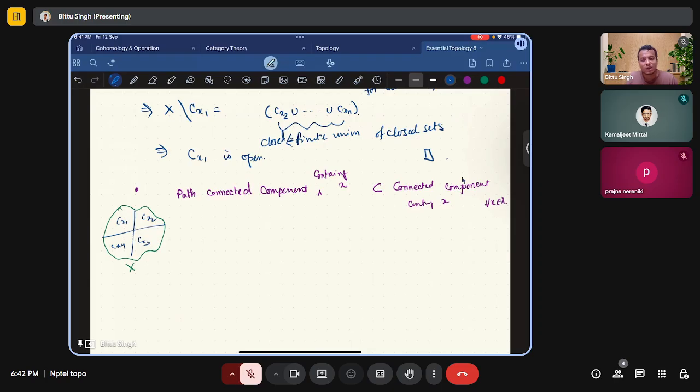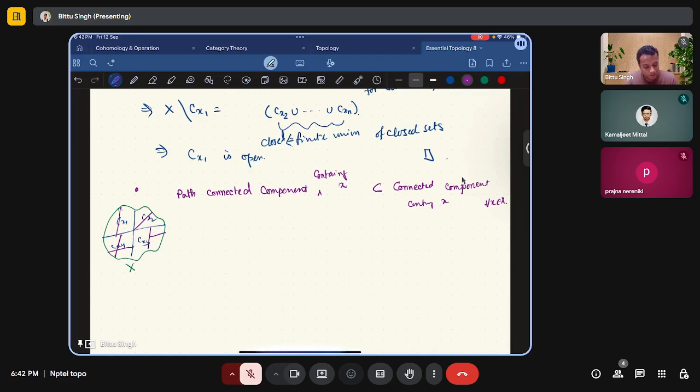Now path connected components break those spaces again. Each component can be broken into some path connected components; Cx3 can be broken like this, Cx2 like this, and Cx4 into a few parts like this.